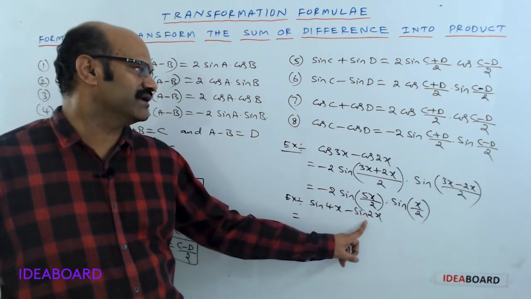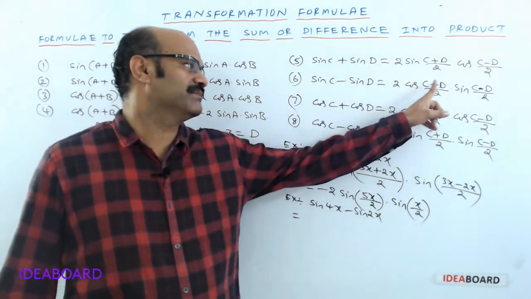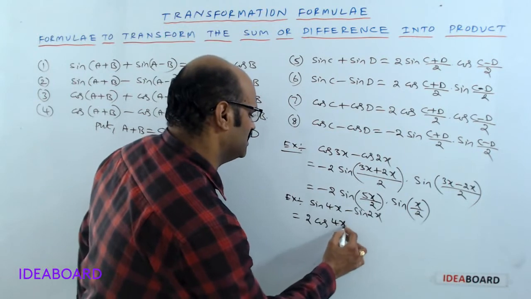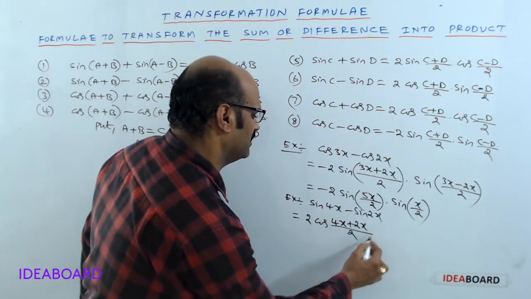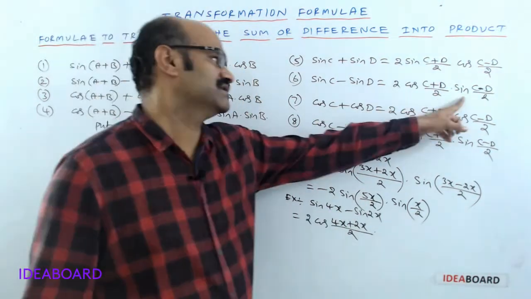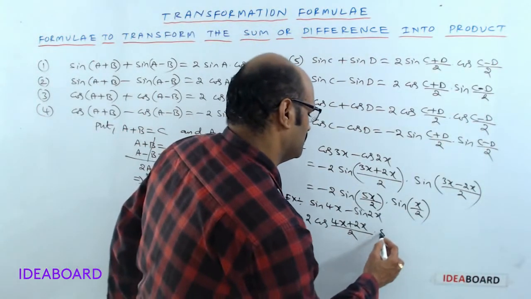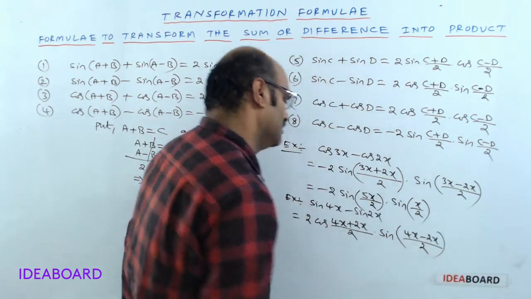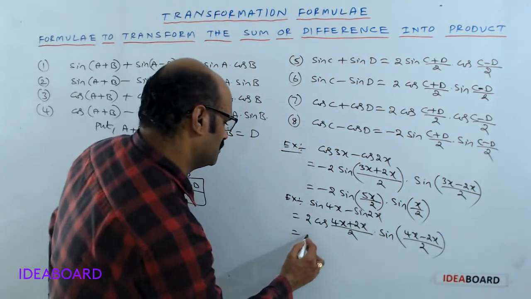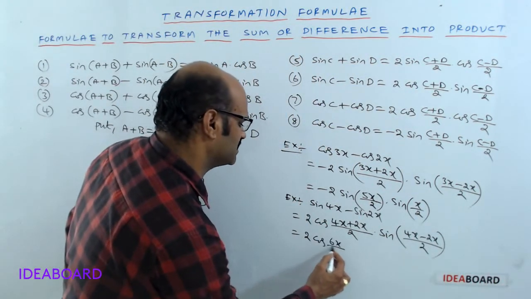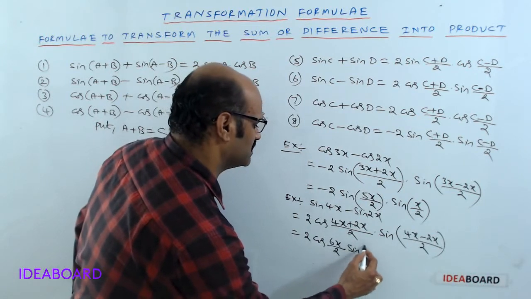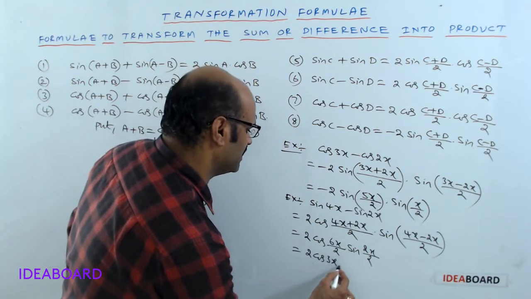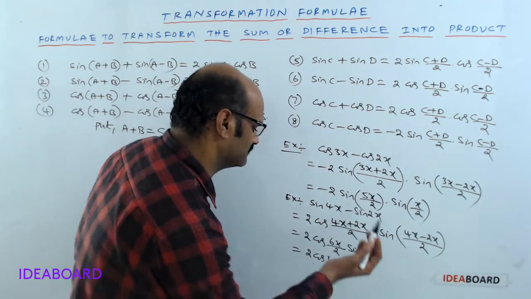Sin C minus sin D equal to 2 cos of C plus D by 2 into sin of C minus D by 2, so sin 4x minus sin 2x equal to 2 into cos of 6x by 2 into sin of 2x by 2, equal to 2 cos 3x into sin x.